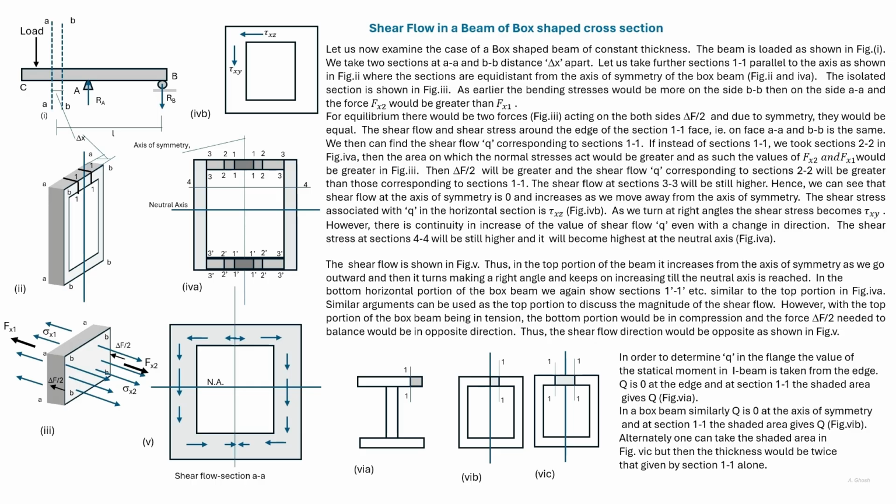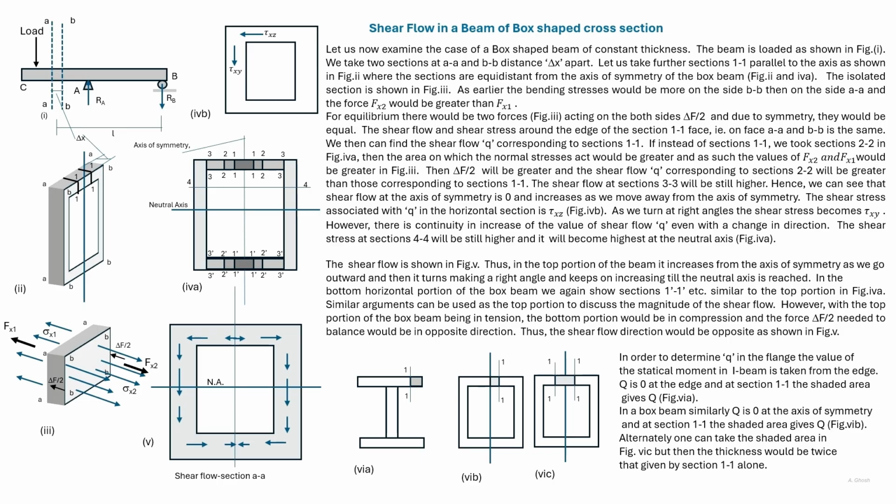In both cases, we see that the shear flows, that is, their directions are such as if something is flowing. This essence often helps us predict the direction of the shear and is easier than the method of picking sections and finding out directions.